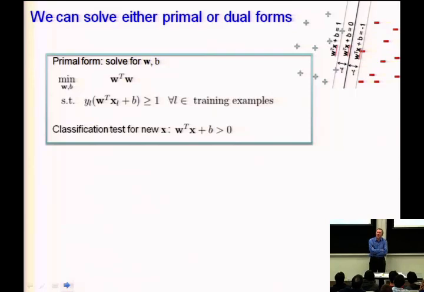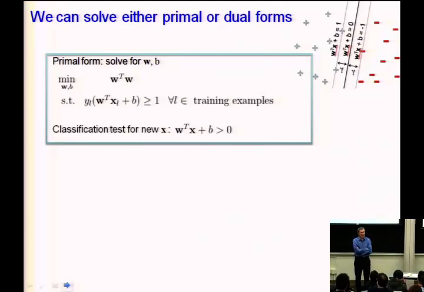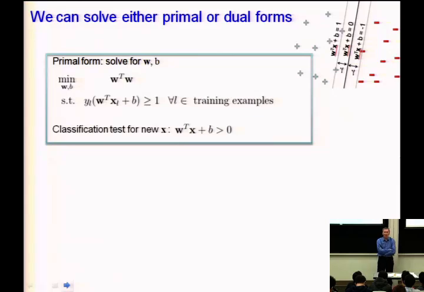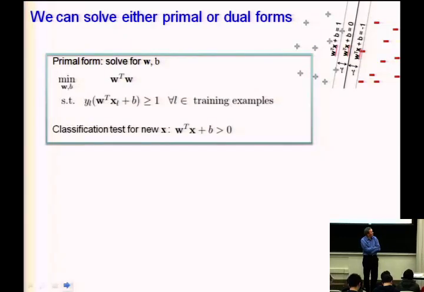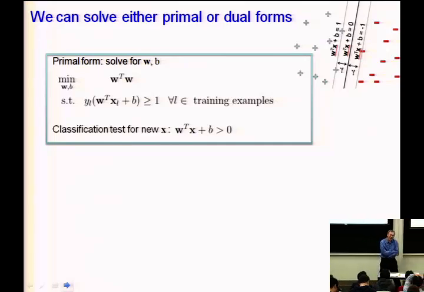And if we do that, then we will be doing what I would call the non-kernelized version of support vector machines, right? We're working in some space X. We're learning some weight vector W. And we're learning a linear classifier of the points in X. Now, you recall our discussion of kernel functions.